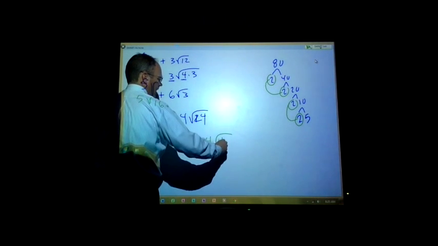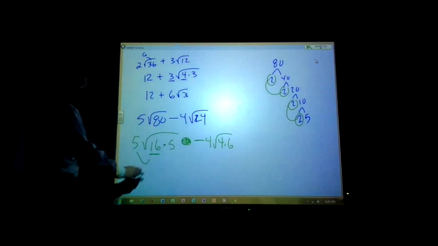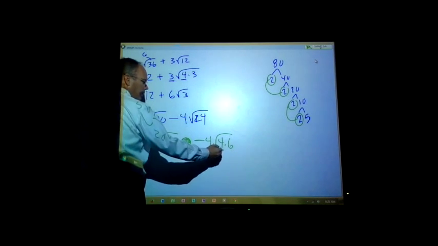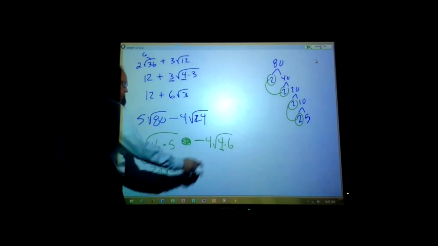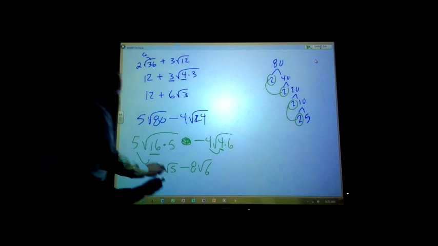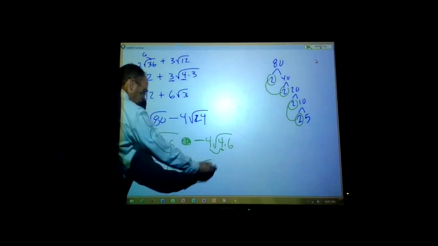And that's going to be 4 times 6. So what's the square root of 16? 4. What does that 4 do with this 5? Multiply. Minus. Square root of this? 2. Multiply to this. Is root 5 and root 6 the same? No. That's my exact answer.